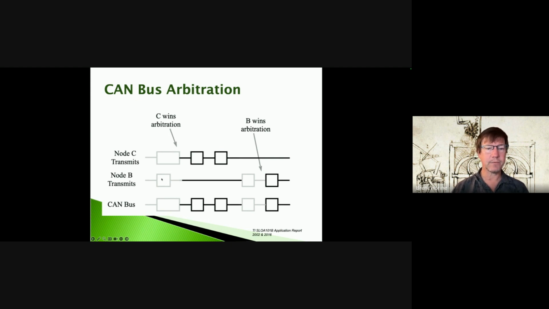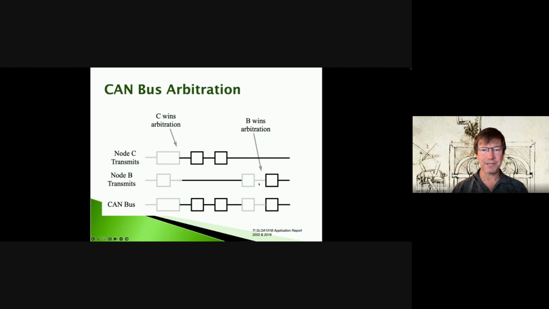And node B realizes, all right, okay, I got beat. So C just keeps going, right? So this is their ID, and then C starts sending its data payload, and the other frames or bits in this message. And then B still needs to transmit, so it waits until the media is clear. It waits for this little period of time, does the arbitration.